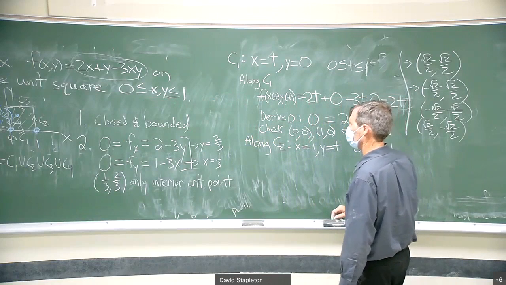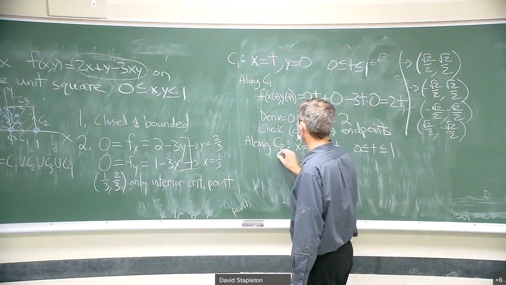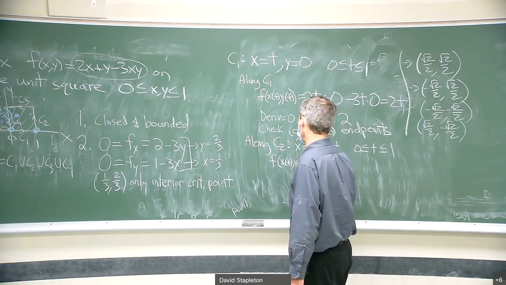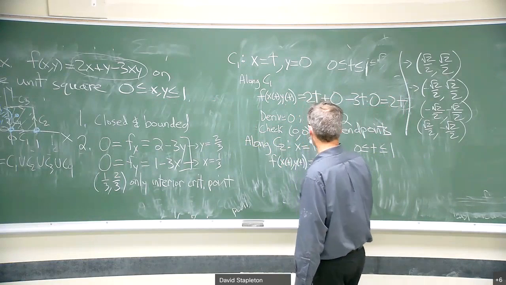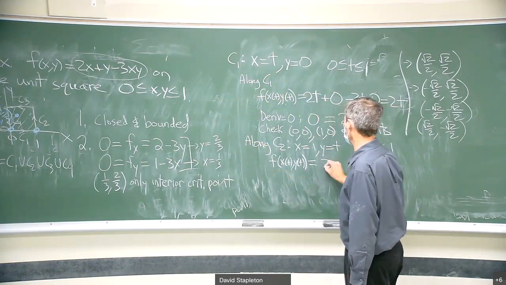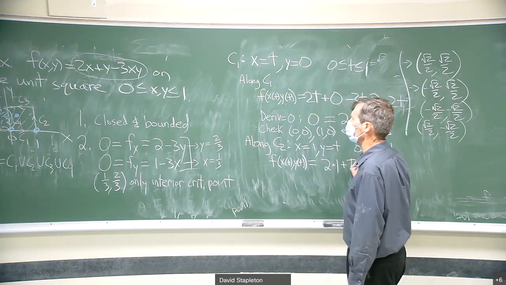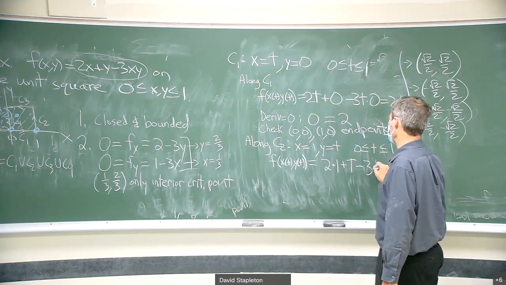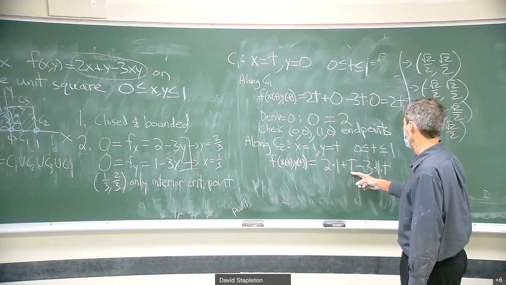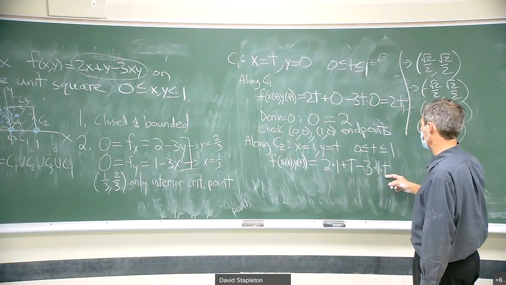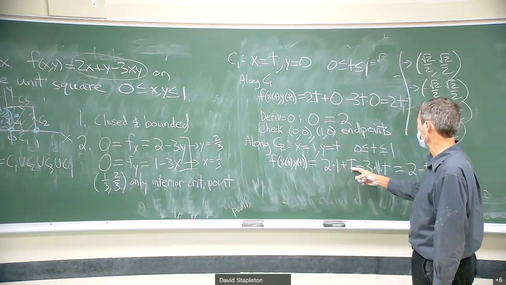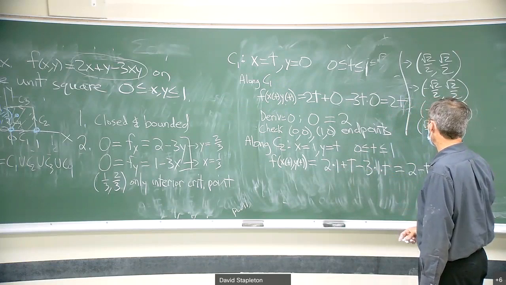And now we'll say the function f as a function of t along this boundary is equal to, now you replace x with 1 up here, 2x plus y, 2 times 1 plus t, minus 3xy is minus 3 times 1 times t, is 2 plus t minus 3t, is 2 minus t.